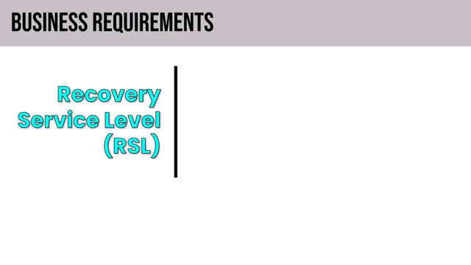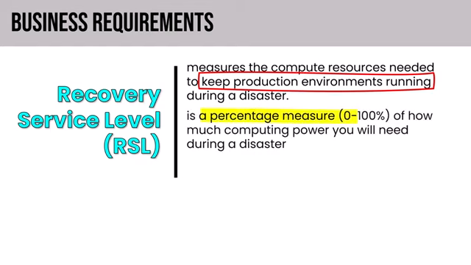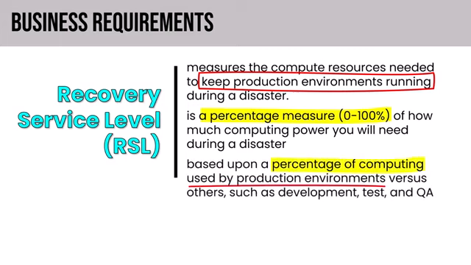And finally, we have the recovery service level, which measures the compute resources needed to keep production environments running during a disaster. It is a percentage measure, 0 to 100, of how much computing power you will need during a disaster, and based upon a percentage of computing used by production environments versus other environments like development, test, and QA.